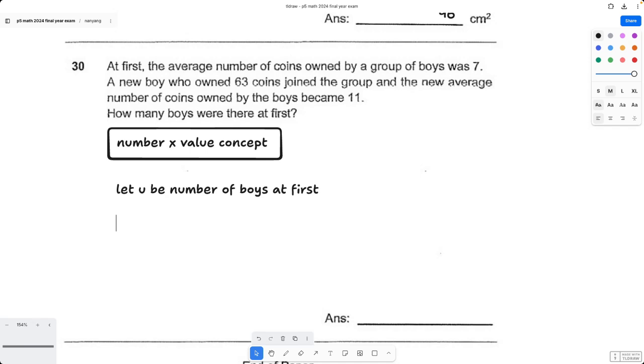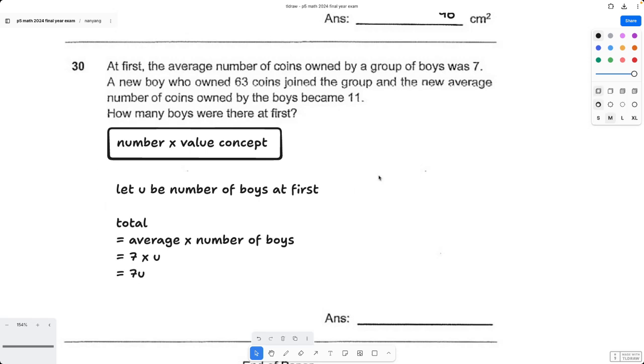So at first total is equal to average times number of boys. In this case, the average is 7, and then we multiply this by u. This will just become 7u.